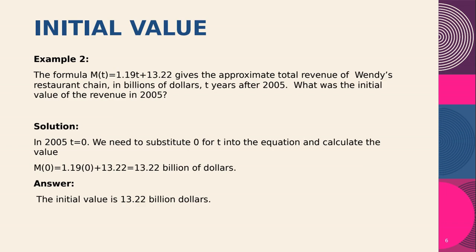So we know that 2005 is the year when we started calculating our revenue. It means time t is equal to 0. Now we need to substitute 0 for t into the equation and calculate the value. And we see that the initial value is $13.22 billion.